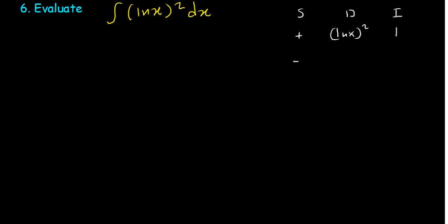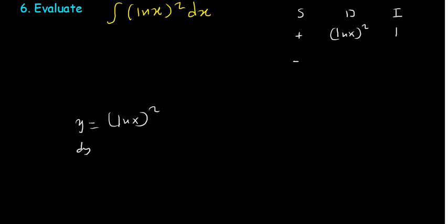Now we get to differentiate natural log of x squared. We're going to use the chain rule or the power rule. So we have natural log of x squared.